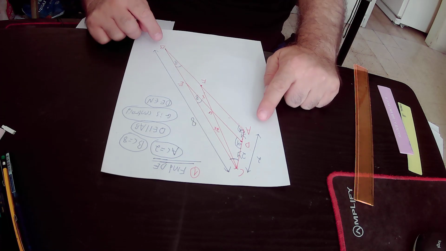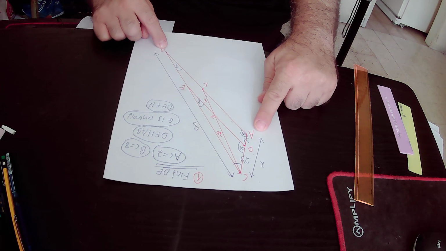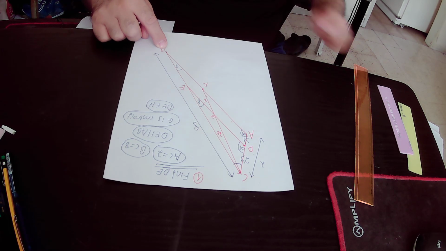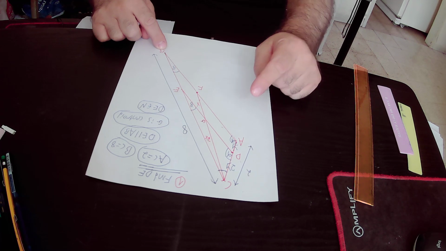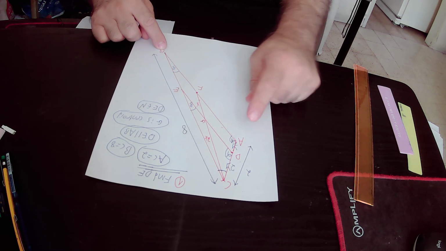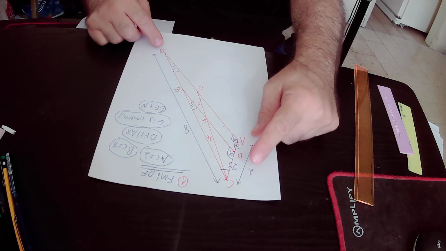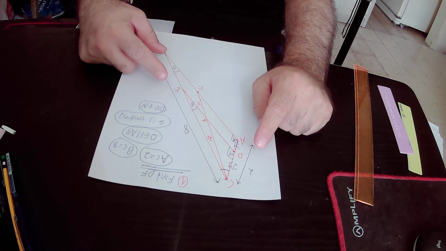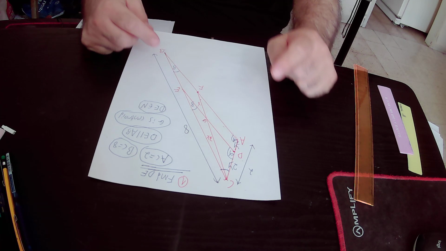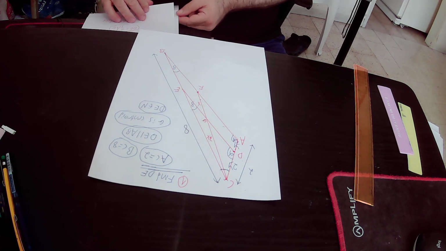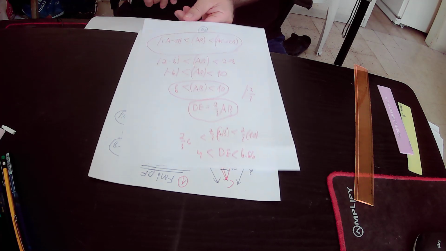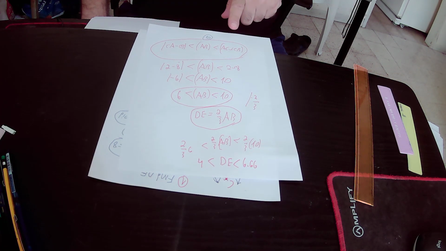If we relate to side AB of triangle ABC, according to this rule, AB will always be smaller than AC plus CB, and it will always be greater than the absolute value of CA minus CB.